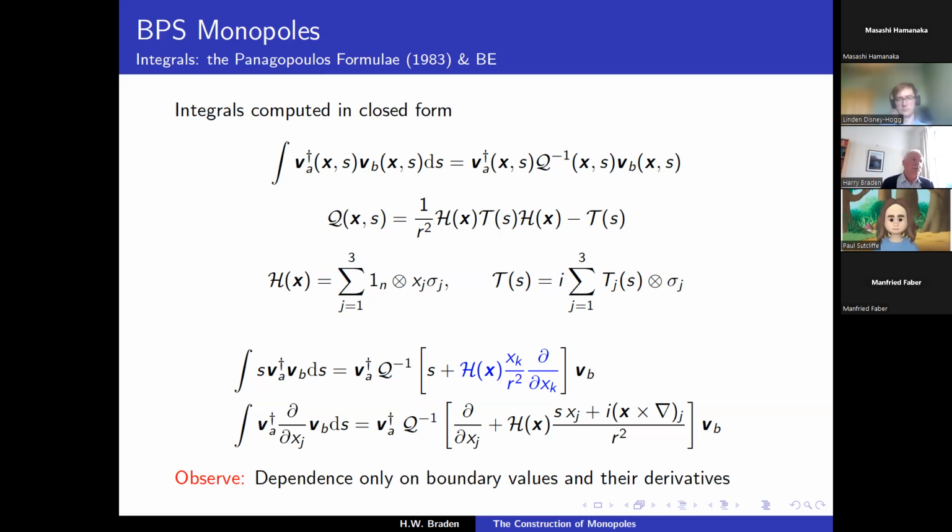That is actually an algebraic procedure that I'll come back to. But this slide is just meant to indicate, and we'll use it later, that the integration can be done explicitly, and really things just depend on the boundary values and their derivatives of either the Nahm data or these solutions to the differential equation Δ†V.